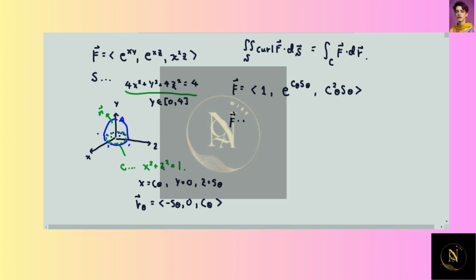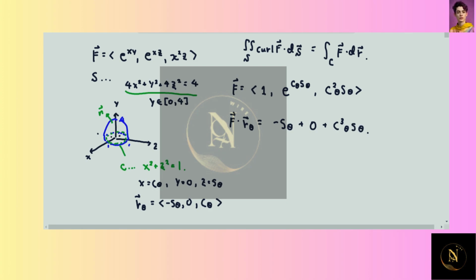So f dot r prime is equal to negative sine theta. And fortunately, e to the cosine theta sine theta times 0 disappears, so we don't have to worry about that. And the last expression is cosine cubed theta sine theta.